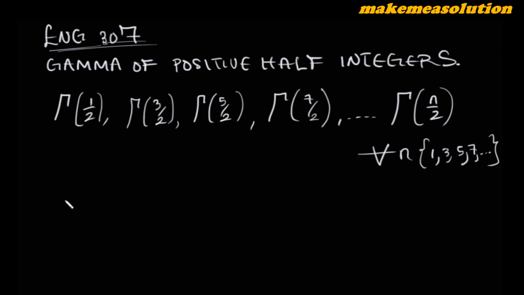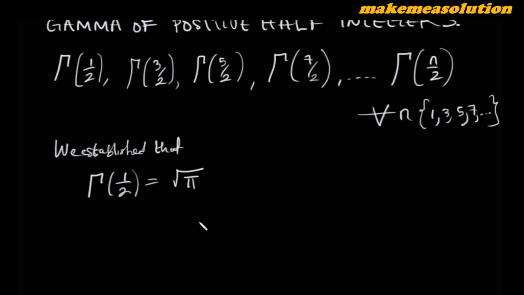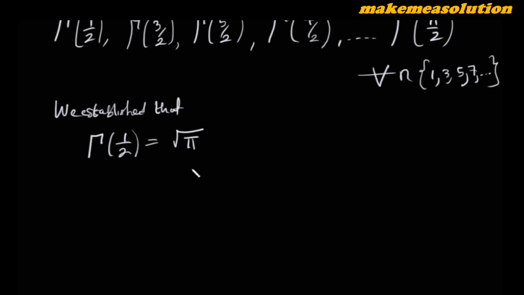Now in the last video we established that gamma of 1 over 2 is equal to square root of pi. So if you have not watched the last video, or if you're interested in knowing how we derived this from first principle, please see the last video, where I explained everything in full detail.